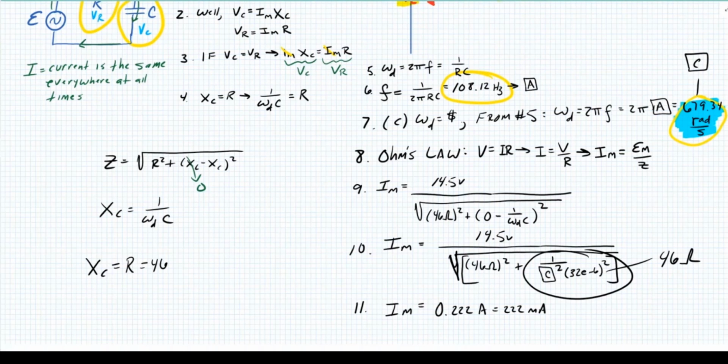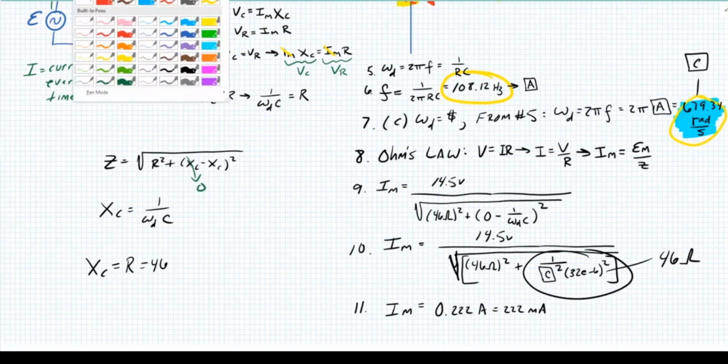That current will produce a voltage drop across the resistor that matches the voltage drop across the capacitor at that moment in time, or at any given moment in time.